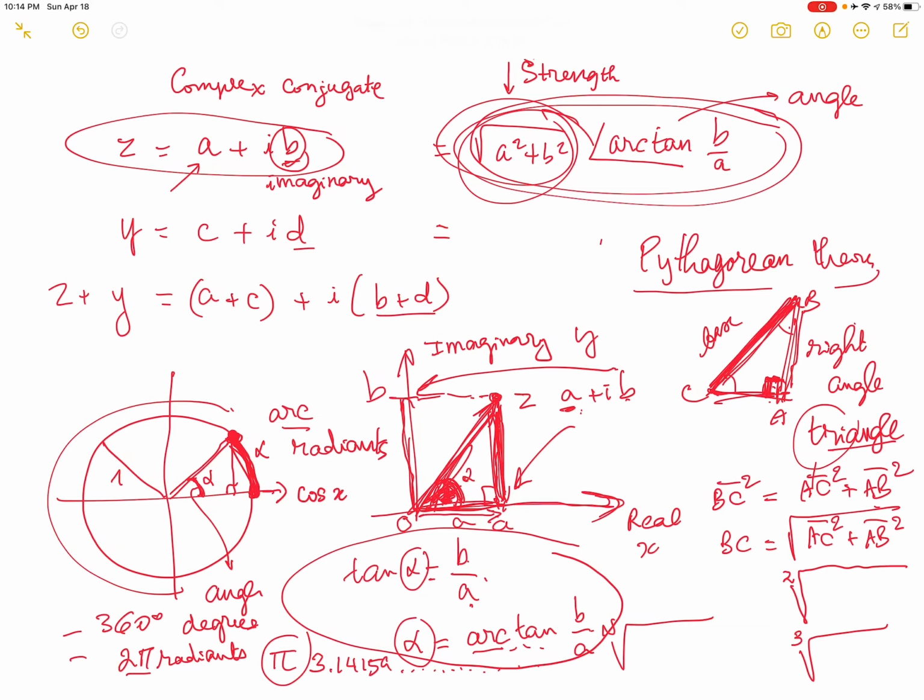Sometimes we say cos, but it's cosine of x. So when you project to this cosine x axis, this length here is defined as cosine of x. And when you project it onto this axis here, this is called sine of x, but we often only write sin, but it's actually sin x.